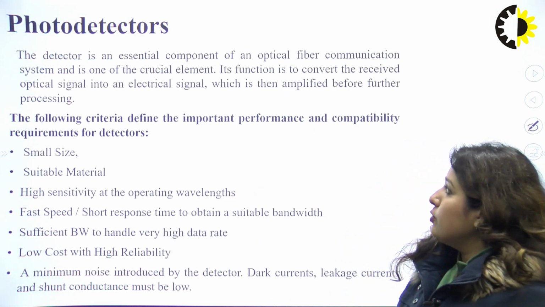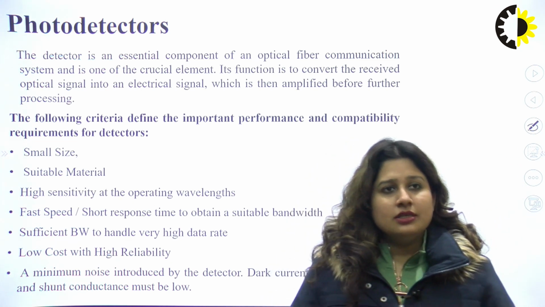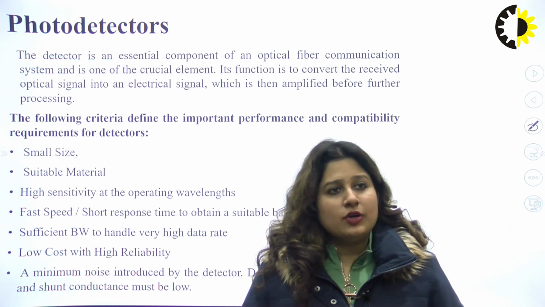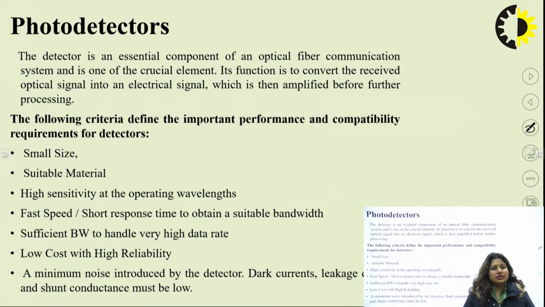Coming to the photodetectors, the detectors basically detect the optical signal coming through an optical fiber system, and it is one of the crucial elements. It is used to convert the received optical signal into an electrical one. After it is converted into an electrical signal, it is amplified with the help of different processing units.